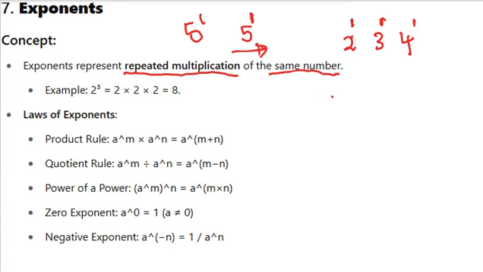Since we say 5 has an exponent 1, what is this then? This is called a base. So the number 5 becomes our base, and this becomes our exponent.